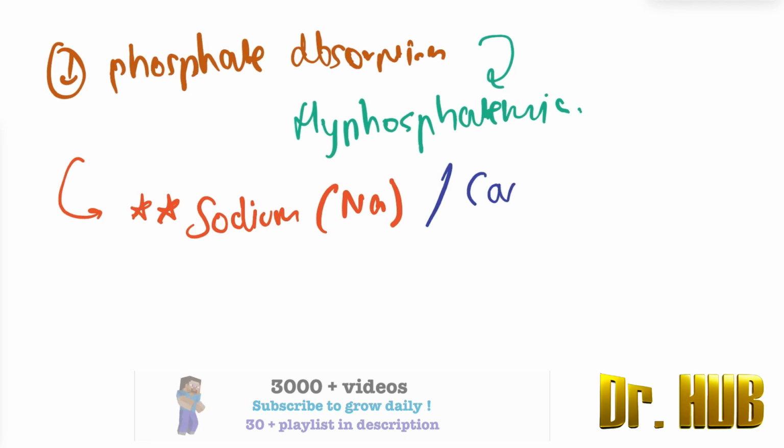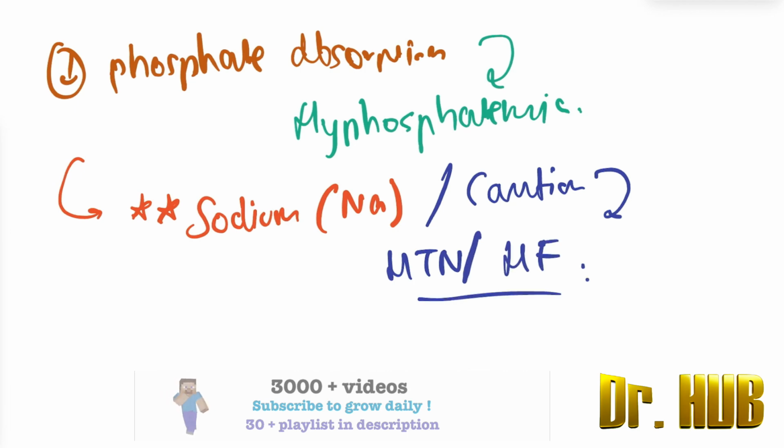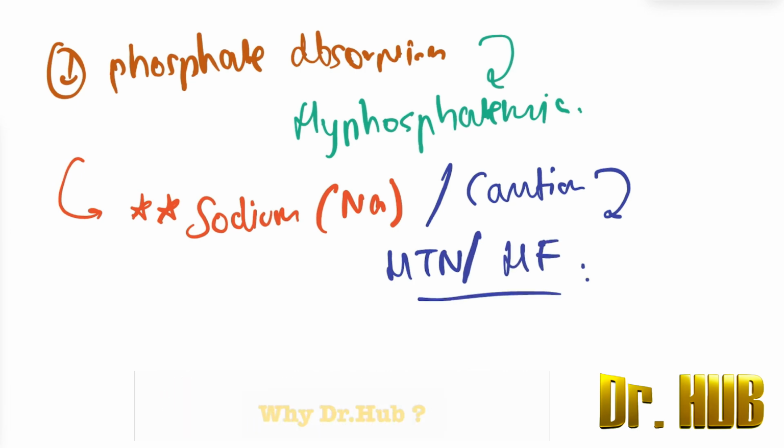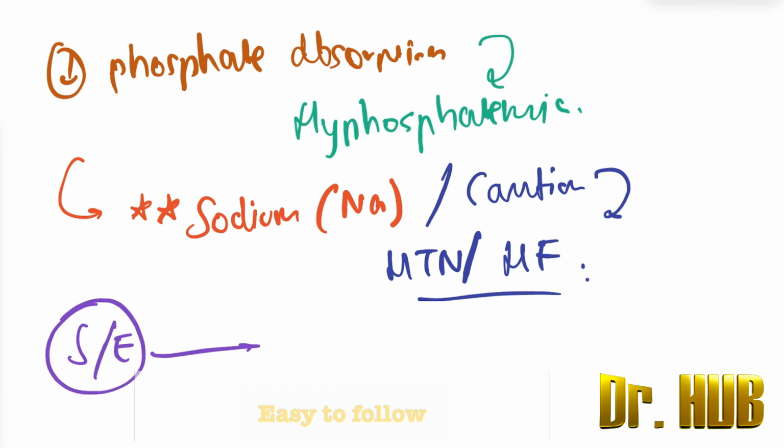The most common side effect of the aluminium compounds is constipation.